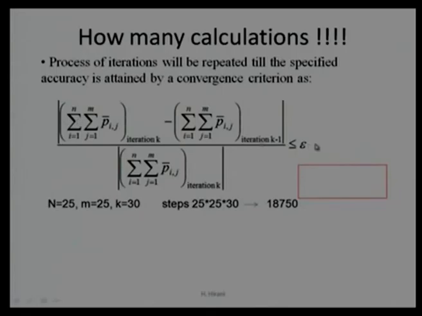We are taking only the absolute value, since maybe sometimes a negative value also comes if we go ahead with some sort of cavitation where negative pressure is generated, or say pressure below atmospheric pressure is generated. So, overall this percentage should be less than some epsilon value. It can be 0.01, 0.001, 0.0001, depending on the requirement.